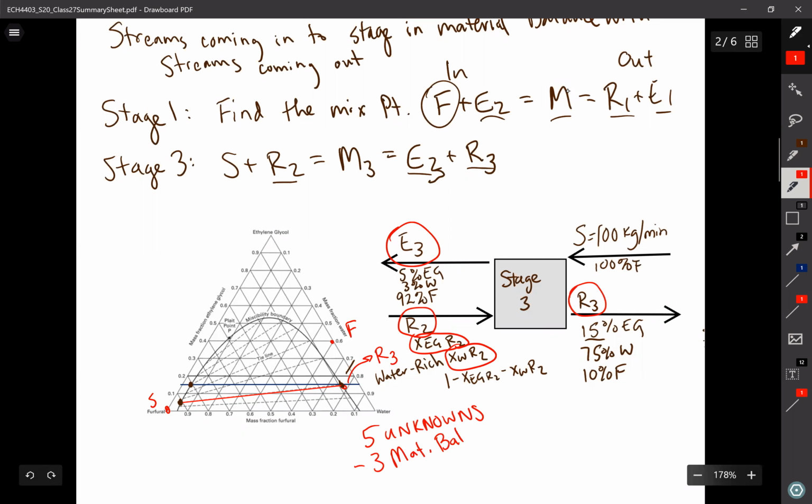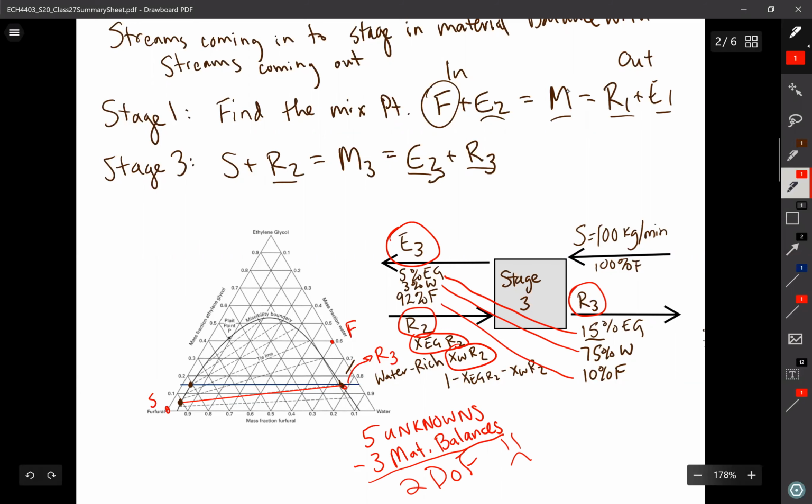I don't have any equilibrium relationships because I've already used that information in linking these compositions. So by drawing the tie line and figuring out what those compositions are, I've used my phase equilibrium relationships. This leaves me with 2 degrees of freedom, and that means I cannot go forward with solving it.